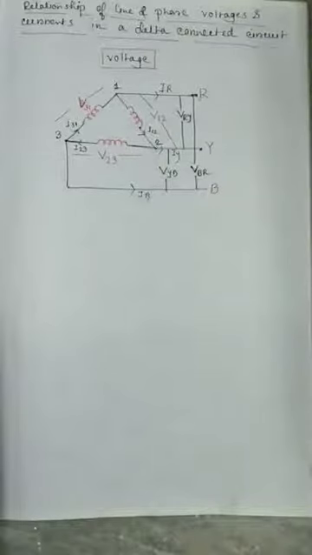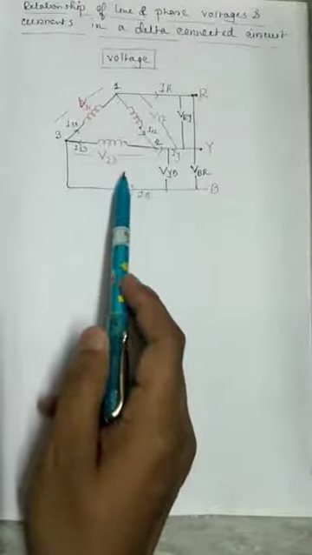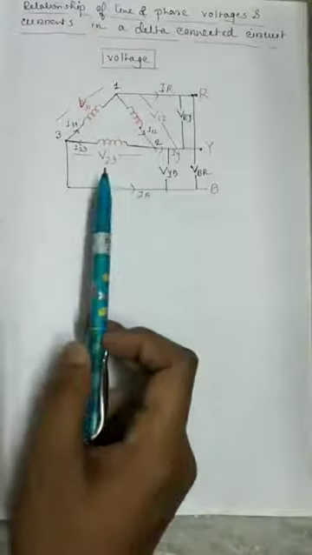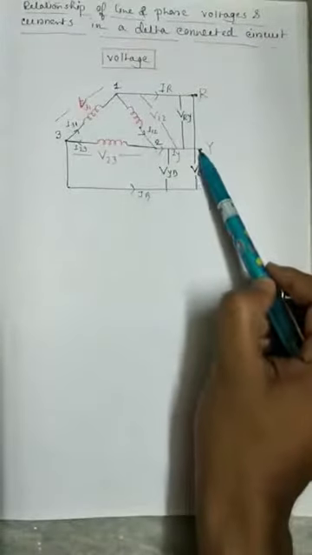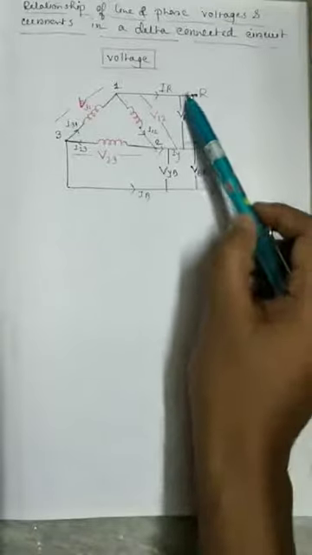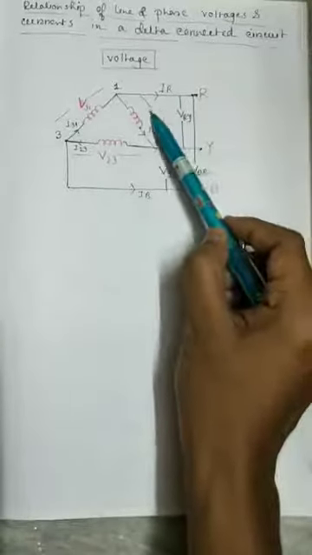To understand the relationship between the phase voltage and line voltage, consider the figure shown here. It is clear from the figure that the voltage across terminals R and Y is VRY, which is also V12.